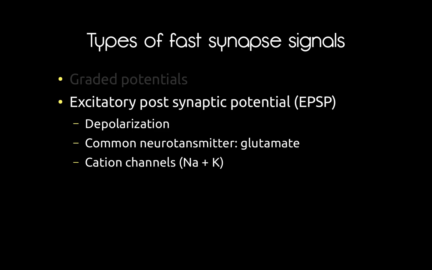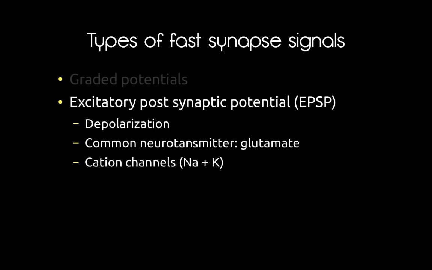Also, most of the ligand-gated channels picked up in these excitatory postsynaptic potentials are cation channels. These are general cation channels that let through the common positive ions in the area, sodium and potassium.